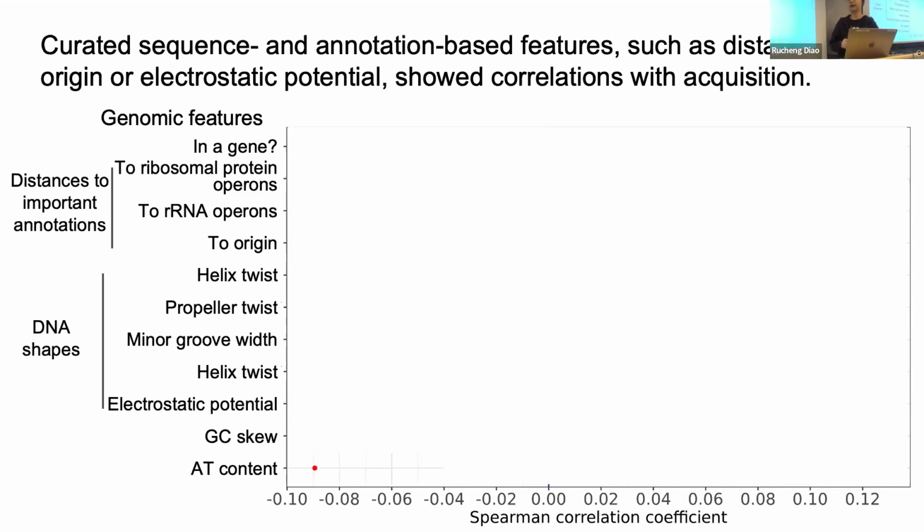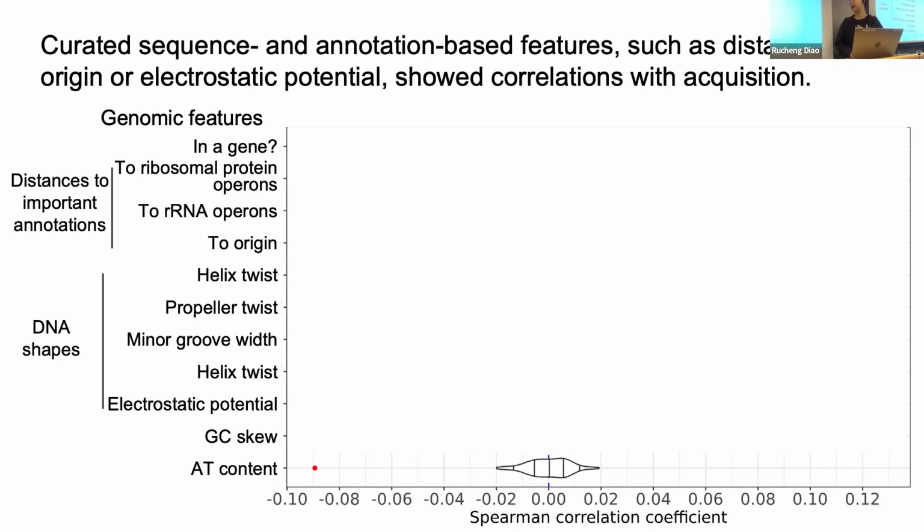We want to know whether or not this correlation is actually meaningful. What we did is a permutation test. We shuffle the blocks of genomic features and recalculate the Spearman correlation over and over again, which establishes a baseline of what we expect if there's not really any correlation.